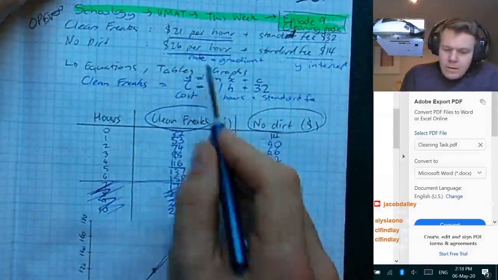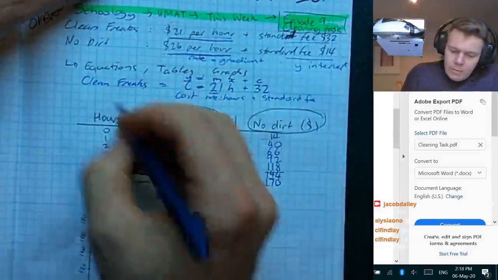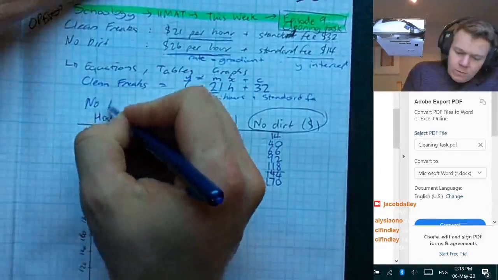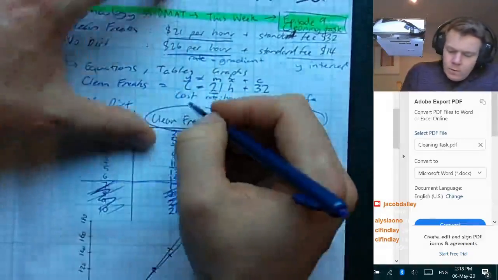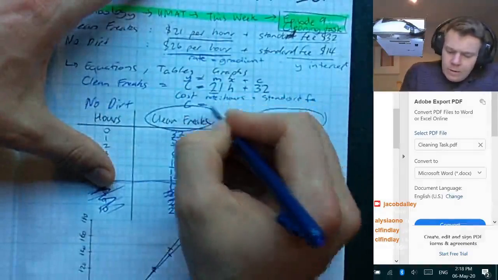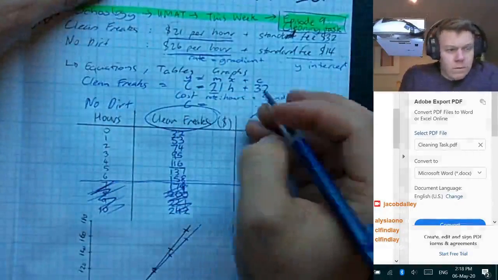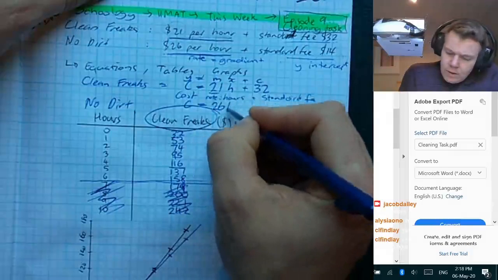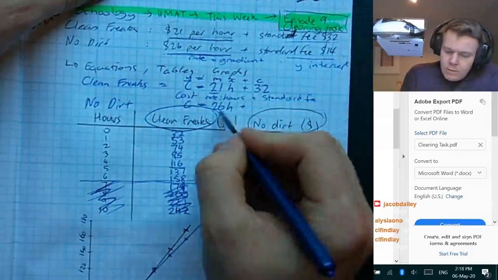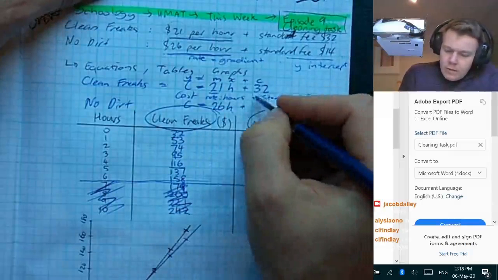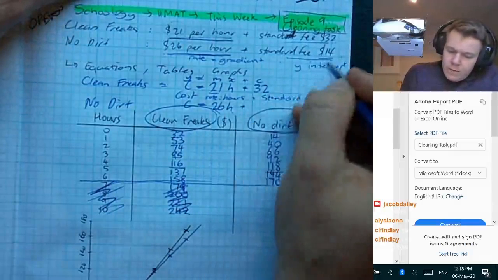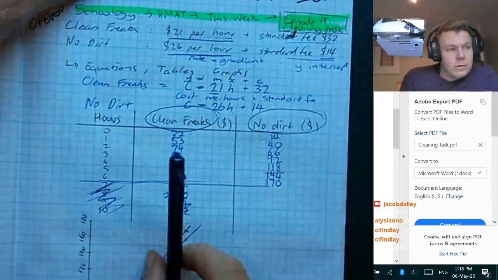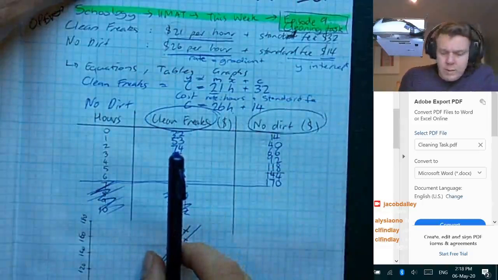This is our rate, so No Dirt will be C equals 26H plus 14, so 26 times the amount of hours plus the standard fee of 14. Easy enough.